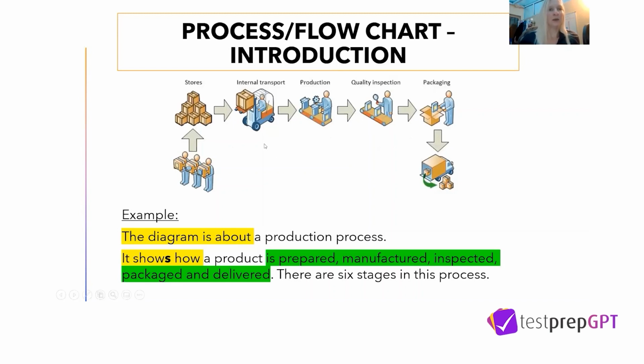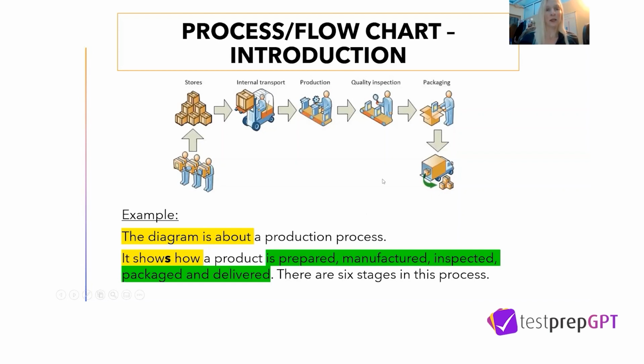And as I examine the pictures, I'm going to use some of the words from the prompts here in my intro. So I write, it shows how a product is prepared, manufactured, inspected, packaged, and delivered. And I've written there are 6 stages in the process. So 1, 2, 3, 4, 5, 6.